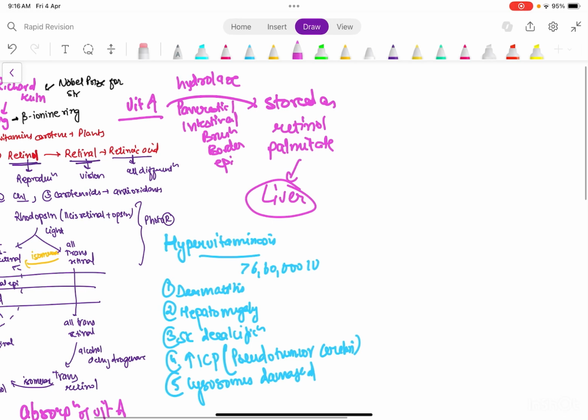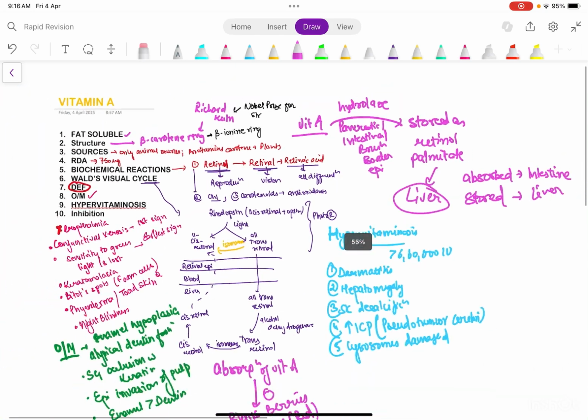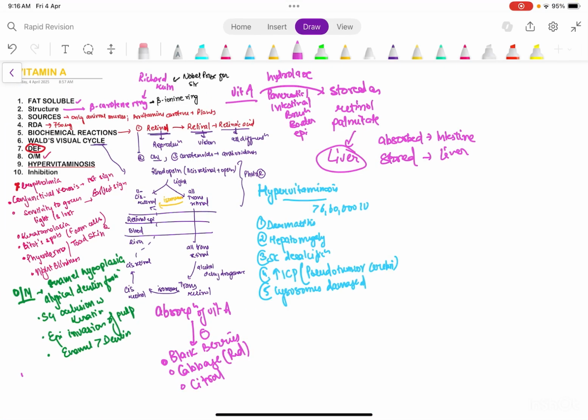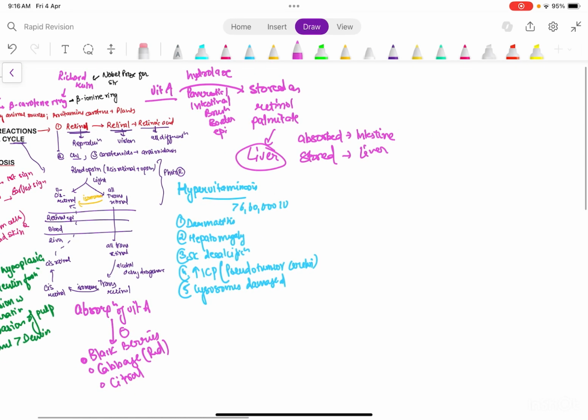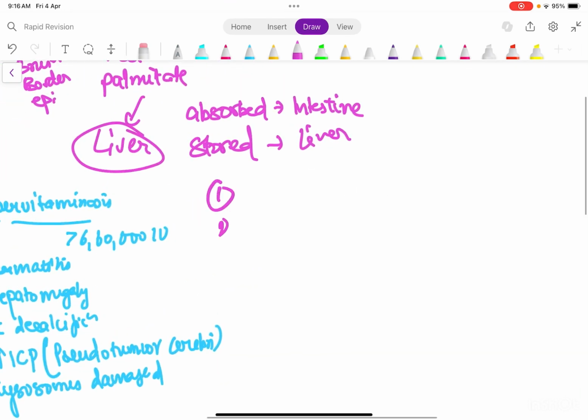So this is important, they usually ask. Basically absorbed in the intestine and stored in the liver. Okay, so this is mostly what is needed for this. And it affects around 3 main systems: skeletal system, kidney, and intestine.